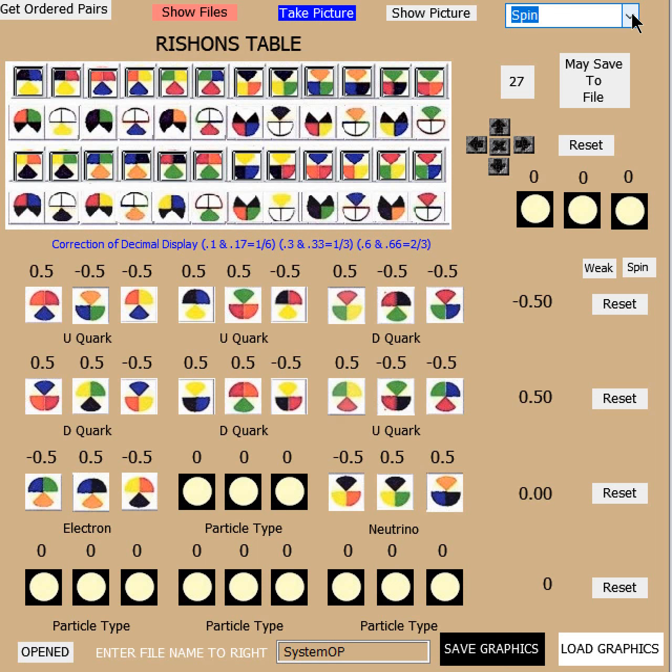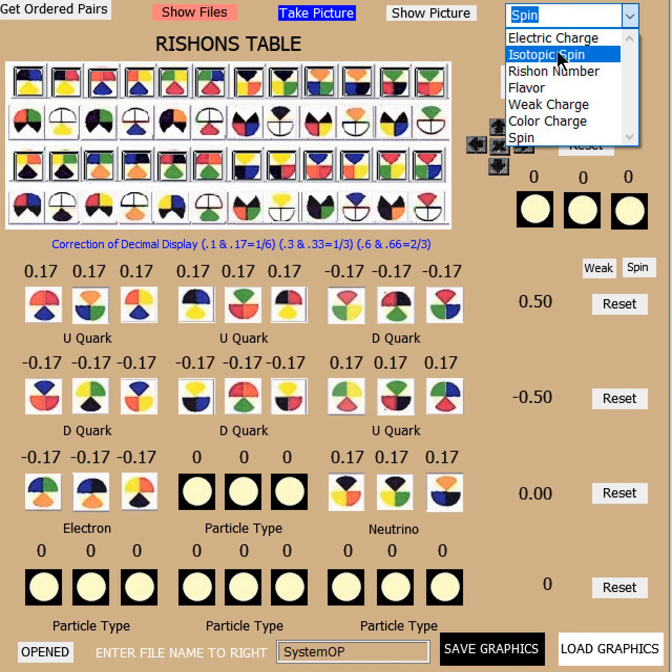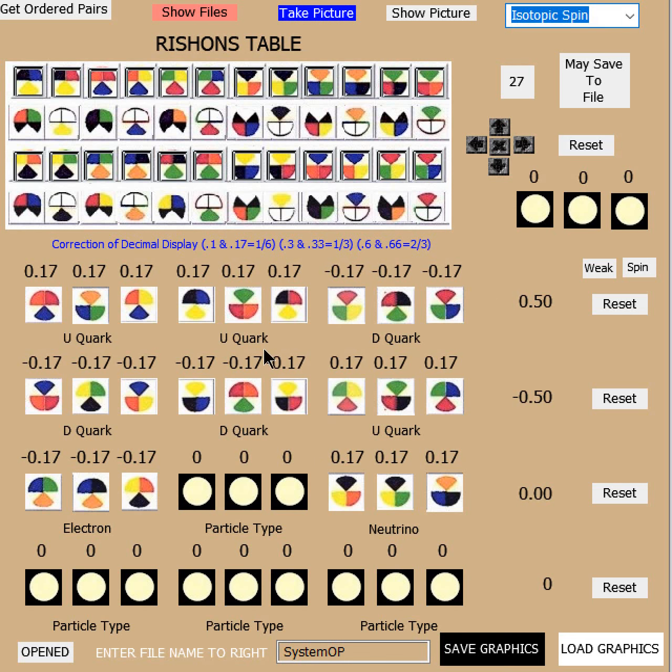And we have the isotopic spin, which connects the doublets. We can see in the case of the U quark, we have an isotopic spin of 1/6 plus 1/6 plus 1/6, which is plus 1/2.